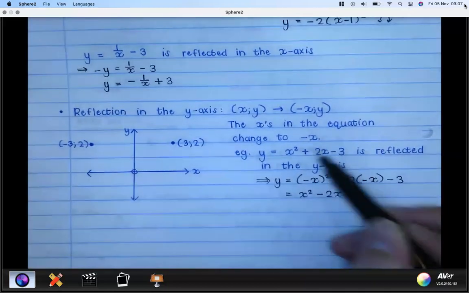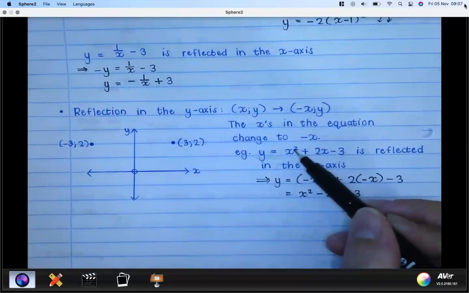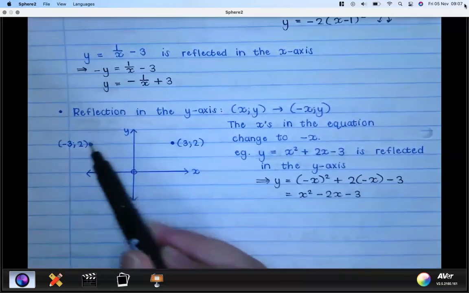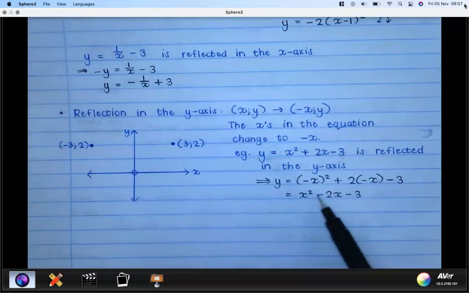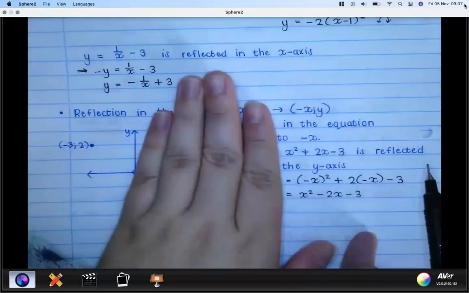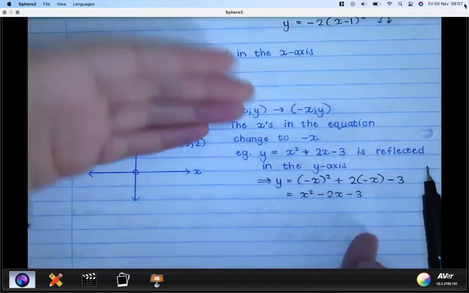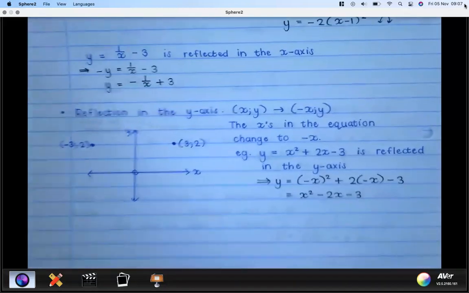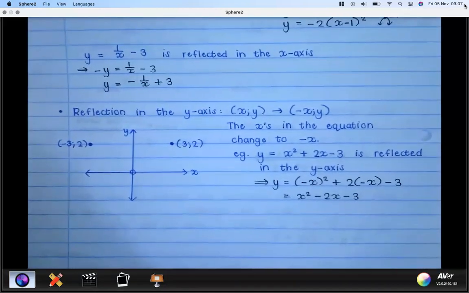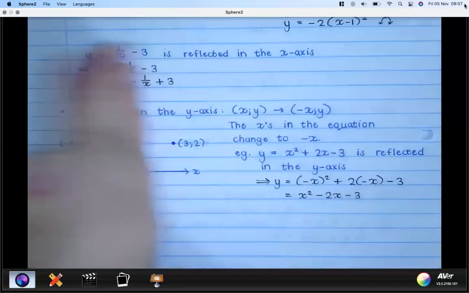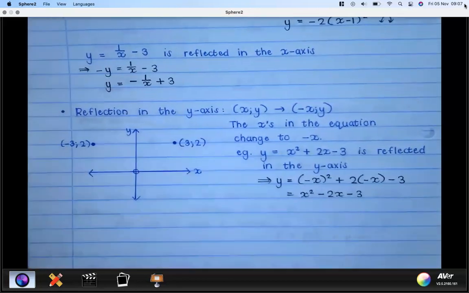So this is important, guys. If you're starting with a +x² and you're reflecting in the y-axis, it's not going to turn into -x². It's not going to change its shape in terms of the sign, it's going to change its position, actually.